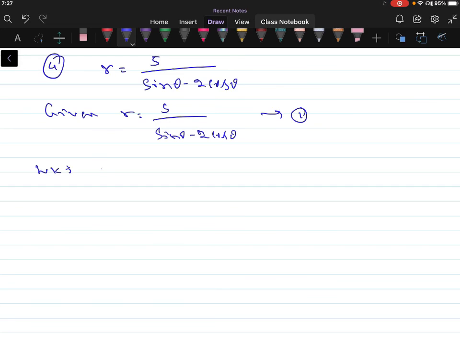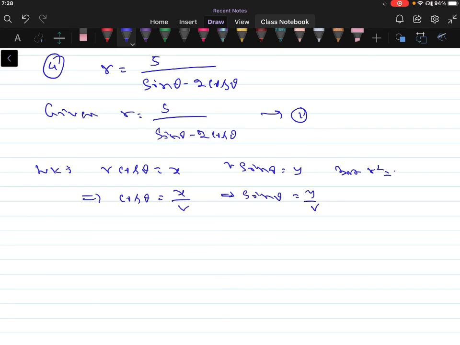We know that r cos theta is equal to x and r sin theta is equal to y. So this implies cos theta can be written as x by r and sin theta can be written as y by r, but r square is equal to x square plus y square.